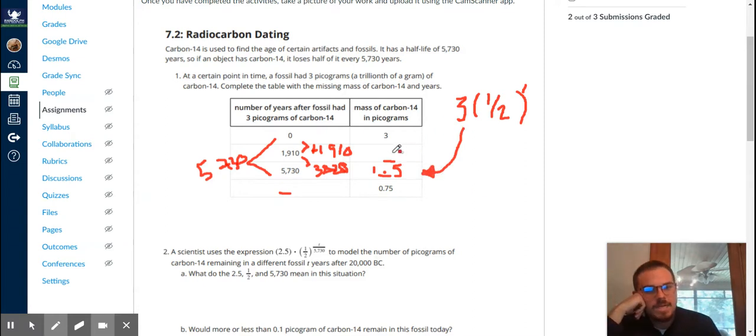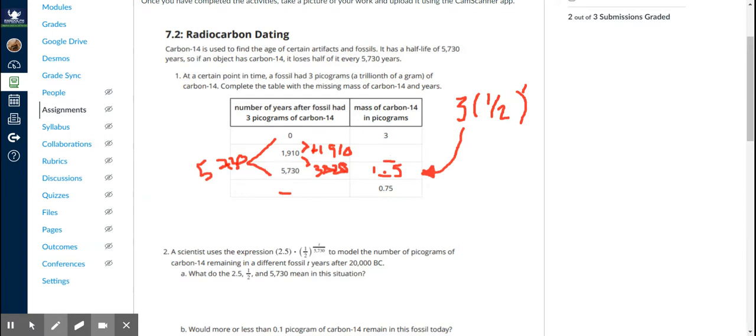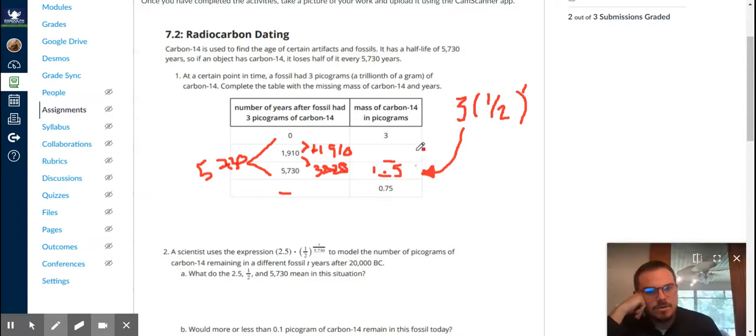Well, what about this next blank? Maybe I need that in order to figure out this blank here with x. In this case, we went through 1/3 of the time.